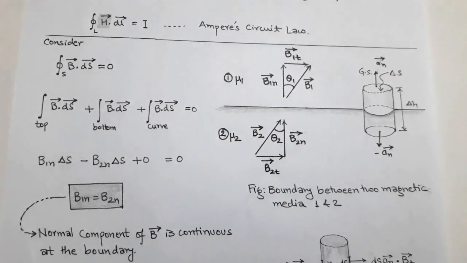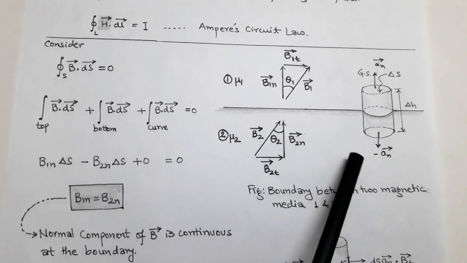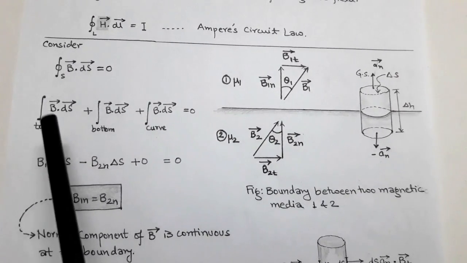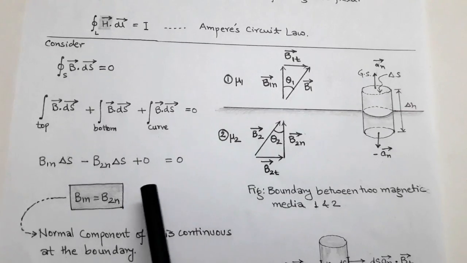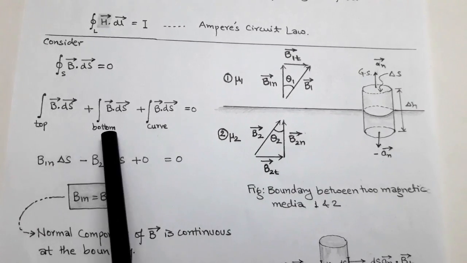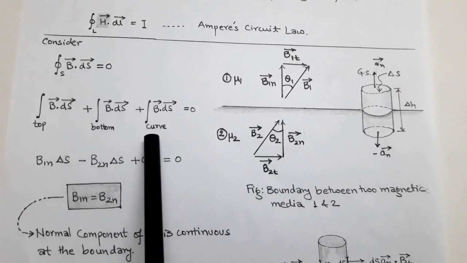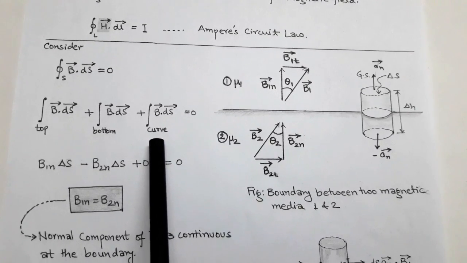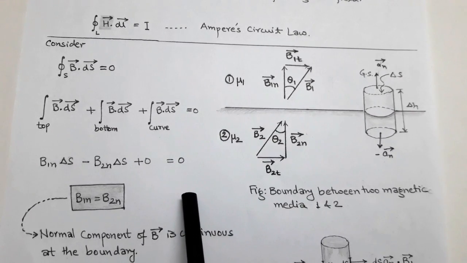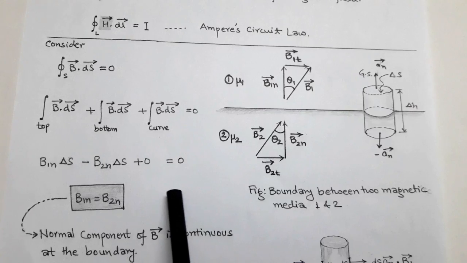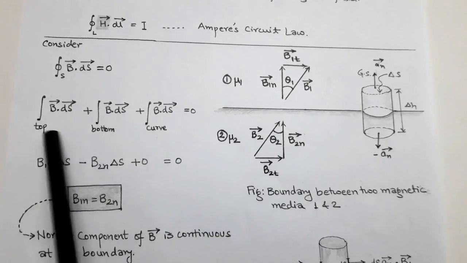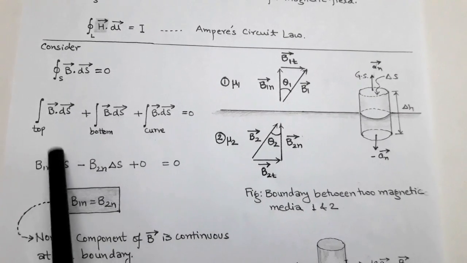Now taking a closed surface integration, it can be divided into three integrations, that is integration for the top surface, integration for the bottom surface and the integration for the curved surface. Now we apply the integration of B dot ds for the three surfaces and equate it to 0.